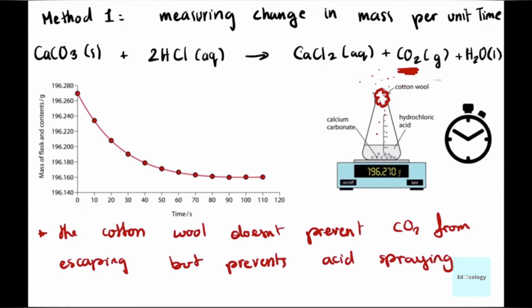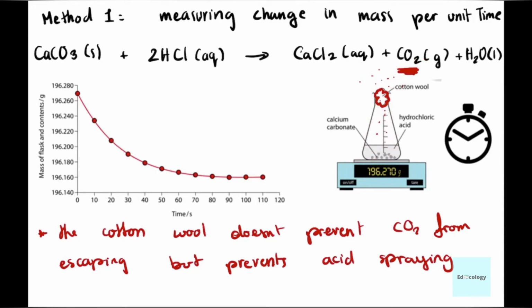Now we use the digital balance to be able to measure the mass of the conical flask and its contents, okay? And we said that the mass decreases because the carbon dioxide that is being produced is gradually escaping, right? So the more product is being produced, the less the mass of the conical flask and its content.